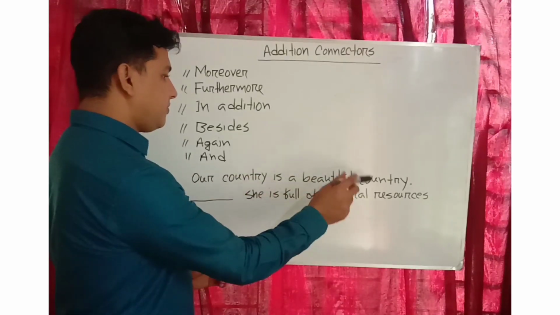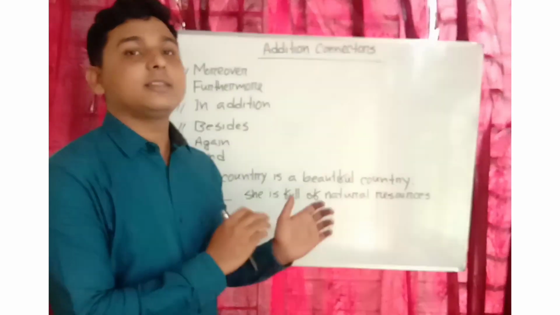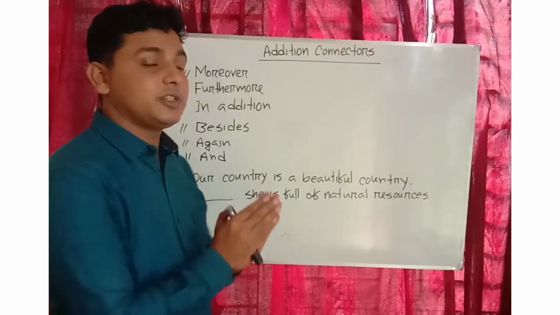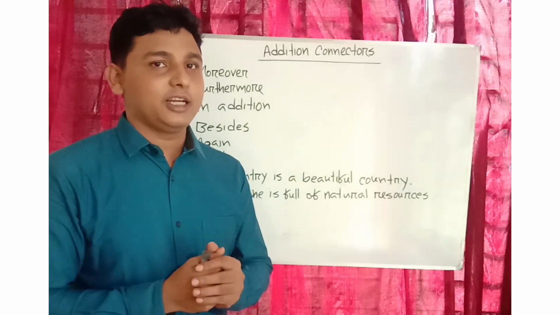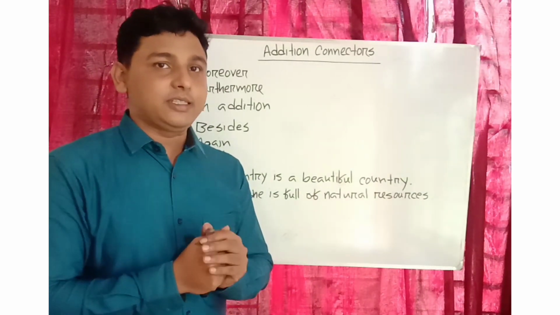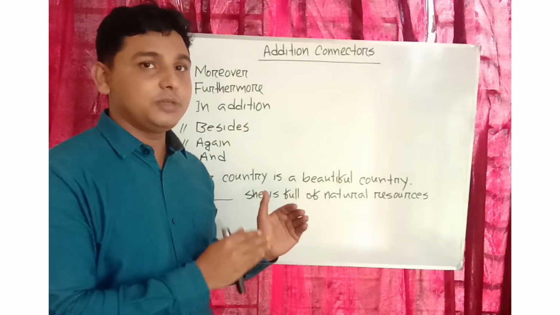Our country is a beautiful country. In addition, she is full of natural resources. So here is a relationship we find between two sentences, which is additional information. In this situation we will use addition connectors as they can be supportive of each other.